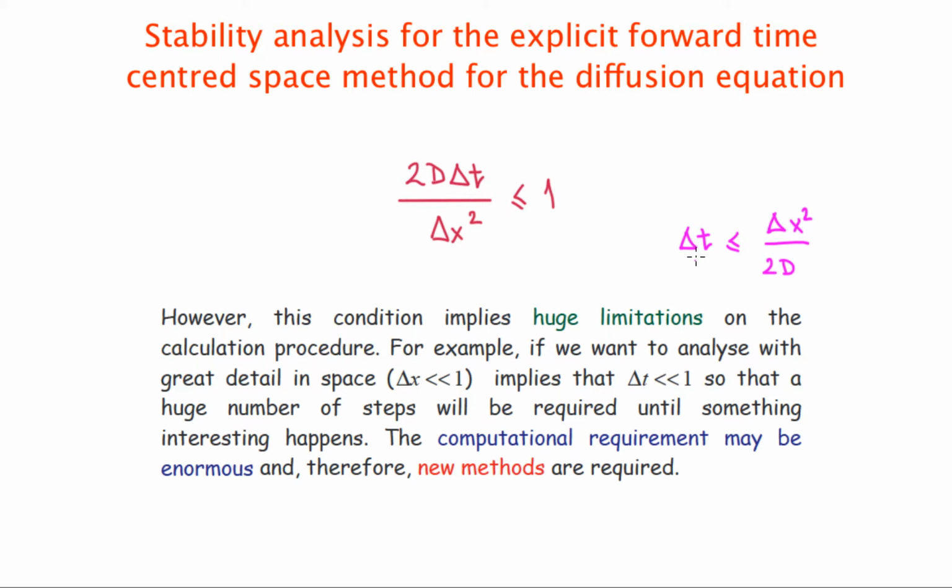So what we have is that delta t has to be much smaller than delta x, because delta x is going with the square. What does it mean? That delta t has to be really, really small. So a huge number of time steps will be required until something interesting happens in the dynamics of your system.